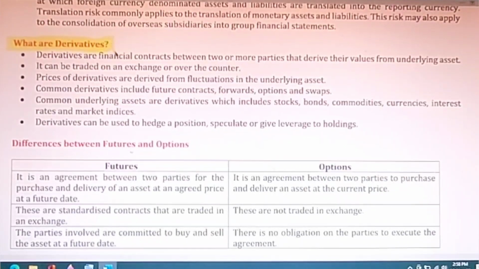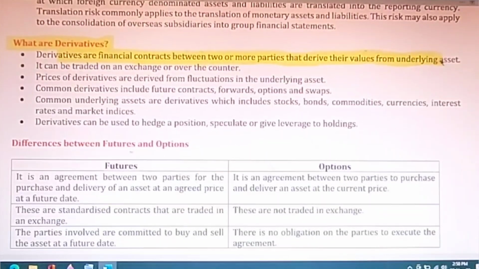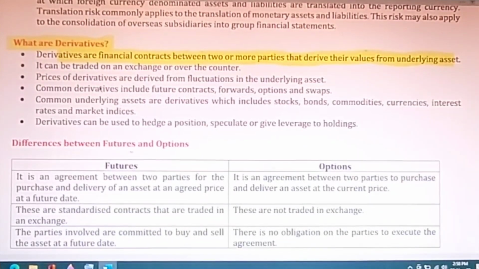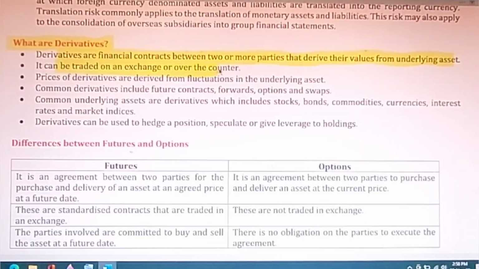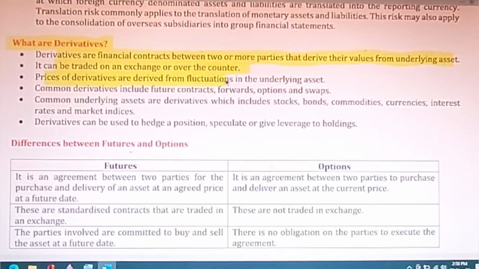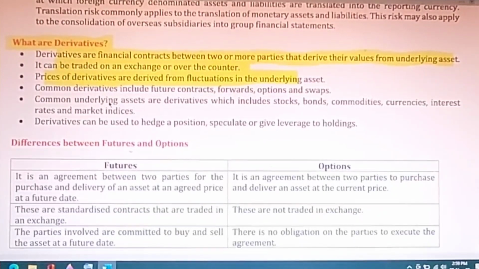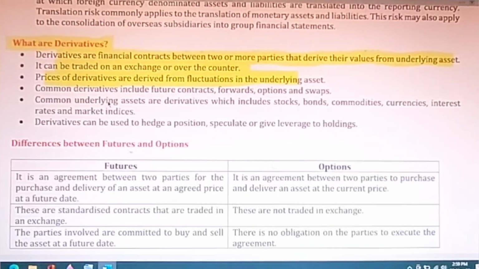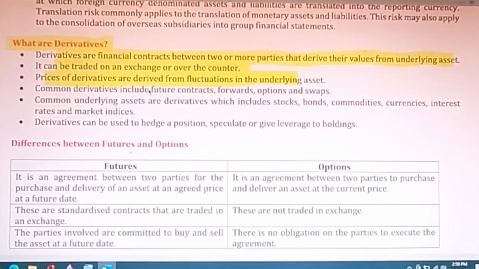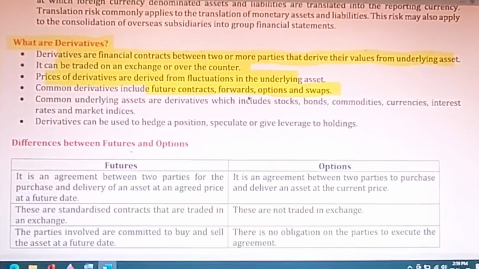So, okay. The next concept is derivatives. What are derivatives? These are financial contracts between two or more parties that derive their values from an underlying asset, and they can be traded on an exchange or over the counter, and the prices of derivatives are derived from the fluctuation in the underlying assets. The common derivatives that are traded here are future contracts, forwards, options, and swaps.